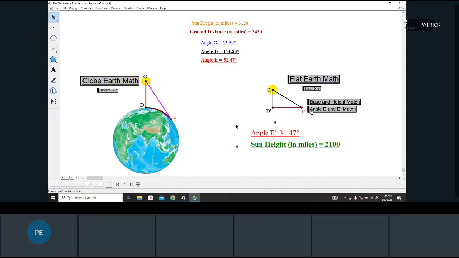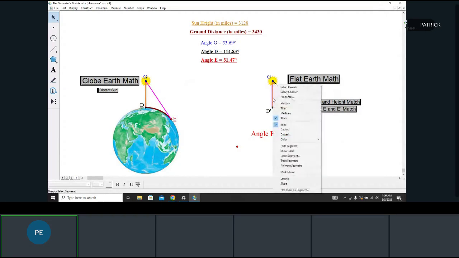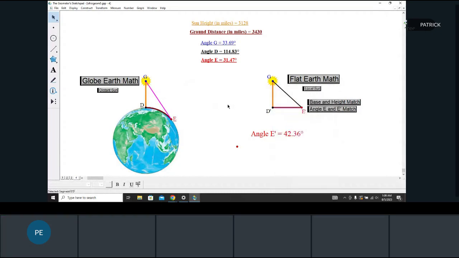And there's also a comparison here where you can make the heights match up and the bases match up.